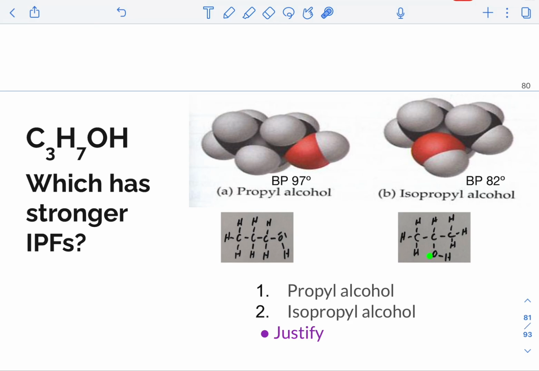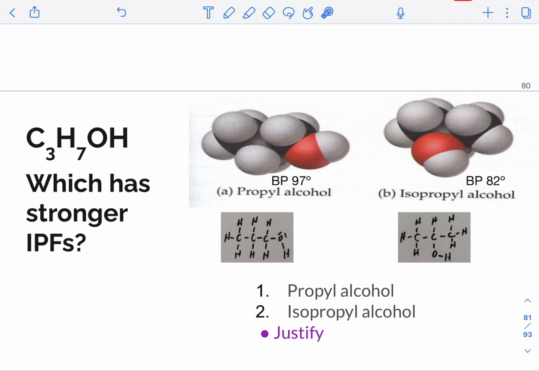So because the oxygen in isopropyl is branched, it's somewhat blocked by this carbon right here, and the hydrogens over here. There's just not as easy access to that oxygen. But in the straight chain, there definitely is. There's easier access to that oxygen.